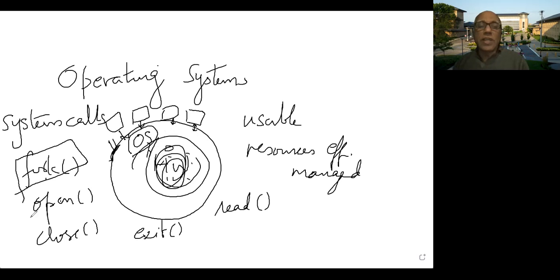So when you say open or read or whatever, it has to do lots of stuff. But we think in terms of relatively easy functions, or perhaps you could call them methods if you want. Open or read or close or exit. They are much simpler than the kind of things that the operating system is doing, right? So it does lots of interaction with lots of components to do one thing.